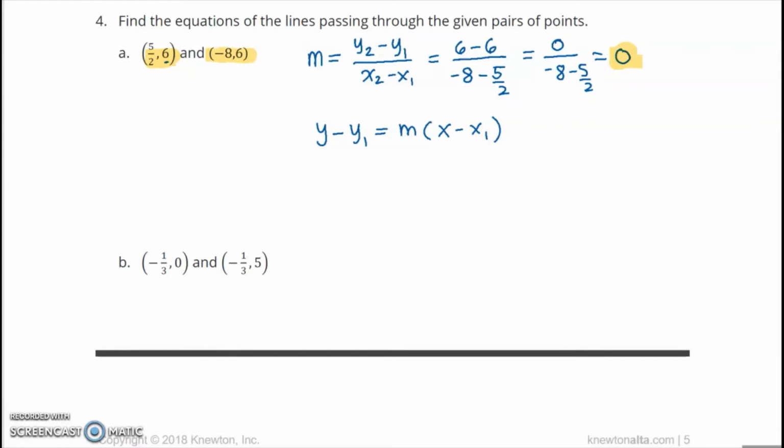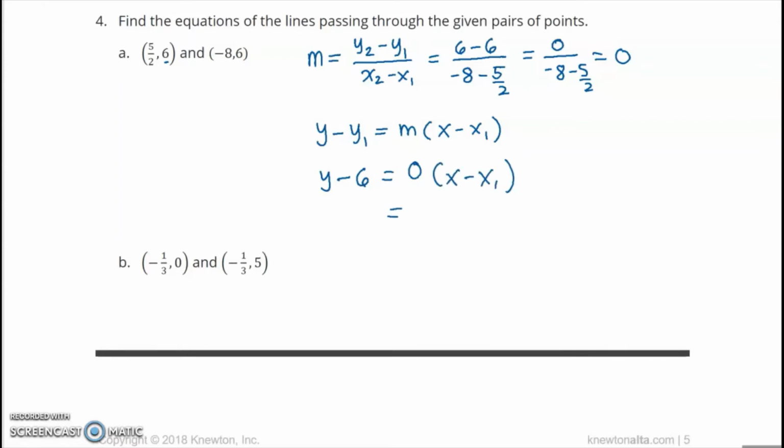In this case here, I am going to pick this point here, negative 8, 6. I'm going to use that negative 8, 6 as my point because it doesn't have a fraction, so therefore it is easier. So I have y minus, my y sub 1 is 6, is equal to, the slope is 0 times x minus x sub 1.